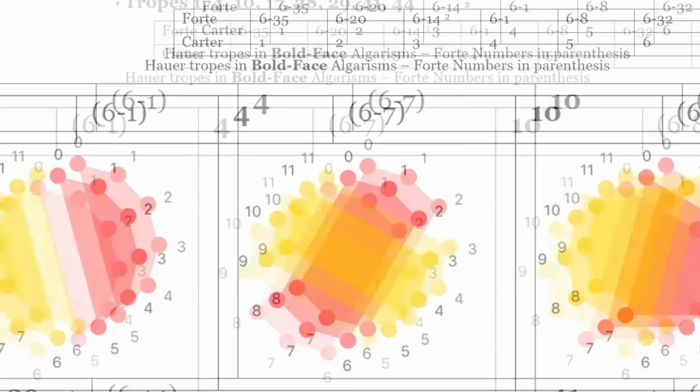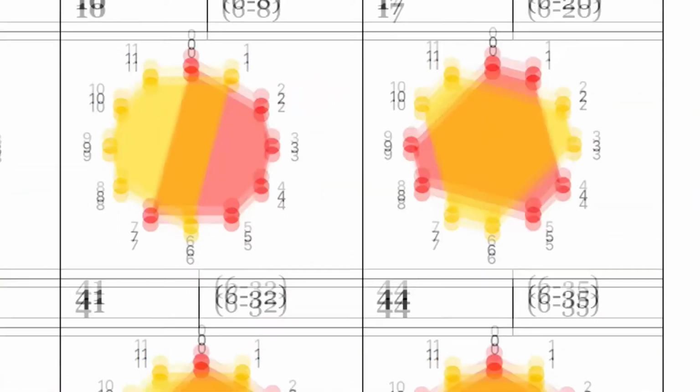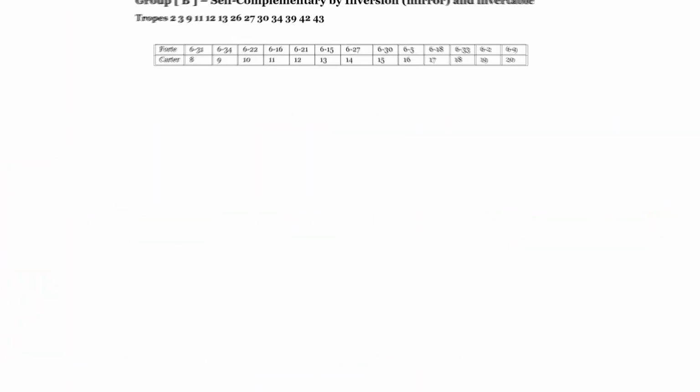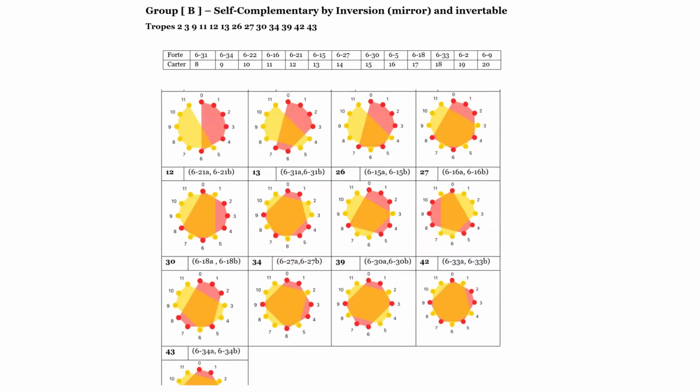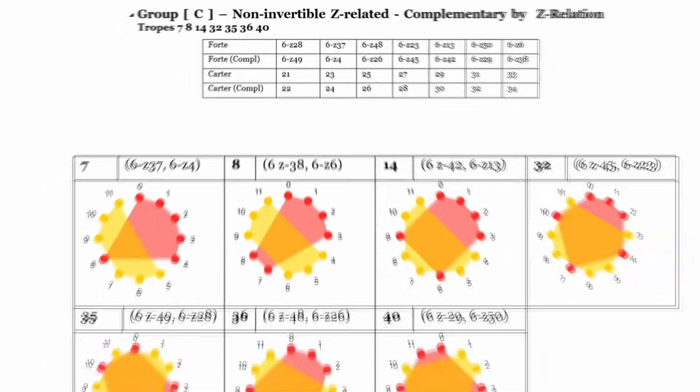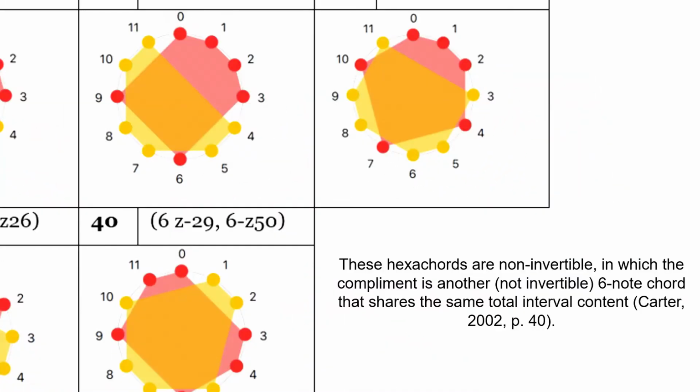These seeds or tropes can be represented as complementary hexachords as clockface diagrams. This representation can make us easily grasp some properties of these hexachords, such as the nature of its complementarity.